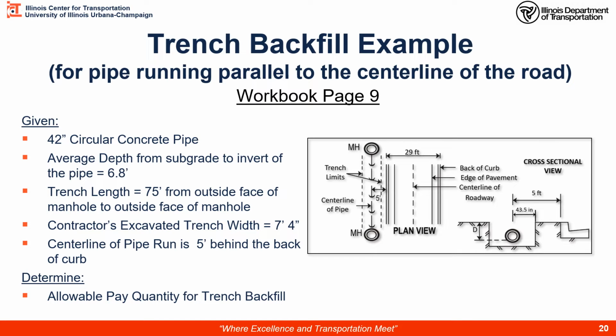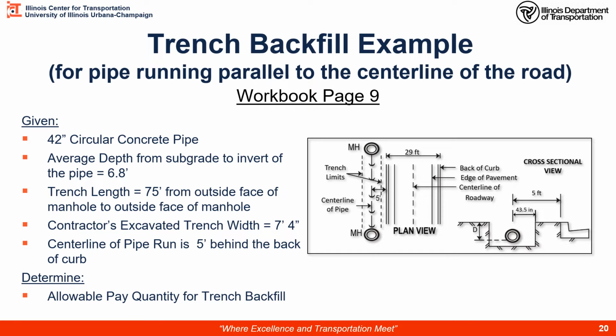Let's go to page 9 of our workbook. Here we have a trench backfill example for a pipe running parallel to the center line of the road. We're given a few items here, plus a nice drawing. We know we have a 42-inch diameter pipe. The average depth to the invert of the pipe is 6.8 feet.